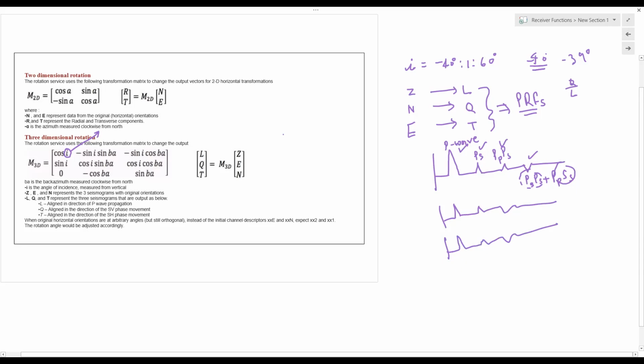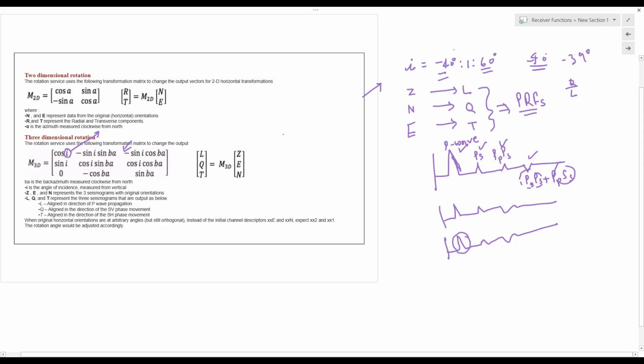Okay, so you will keep your eye on the amplitude of this direct P wave energy. Whenever, at whatever incident angle between minus 40 to 60 degrees, the energy of the direct P phase becomes minimum or almost zero, that value associated with the incident angle will be the real value that you would like to incorporate into this 3D rotation matrix, so that you can get the actual value of the LQT component using that incident angle.